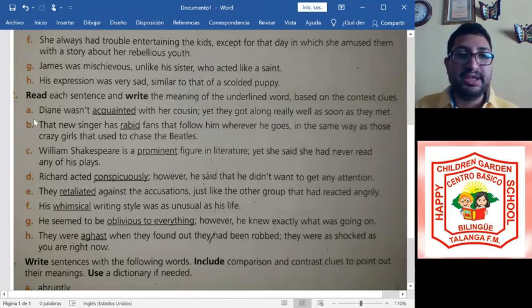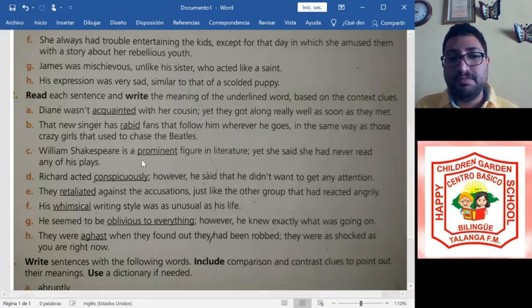Diane wasn't acquainted with her cousin, yet they got along really well as soon as they met. So yet is telling us that it is a what? A contrast. So acquainted means they don't meet together. So in your notebook, you're going to write beside it, acquainted, knowing, known someone.